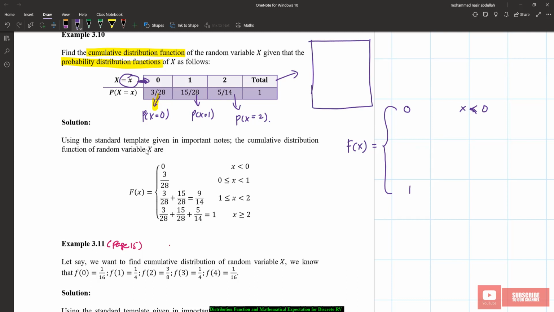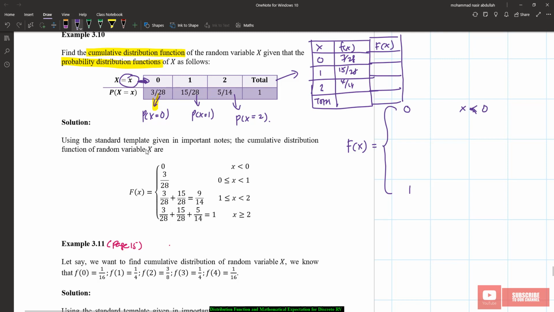This is x, this is f(x) from 0, 1, 2. And then we have total. So this is 3 over 28, this is 15 over 28, 4 over 14. And capital F(x), kita buat macam ni.